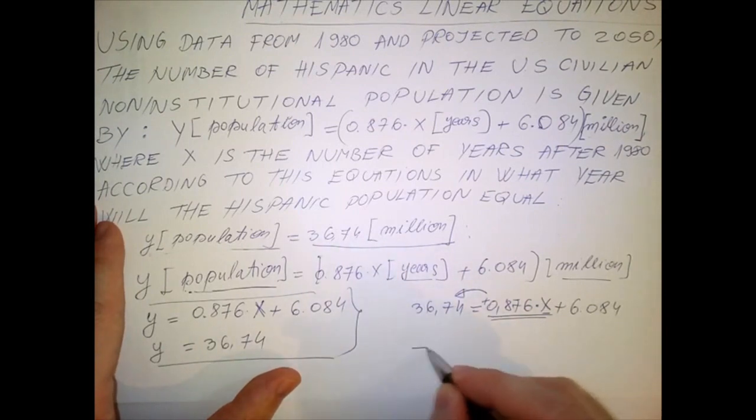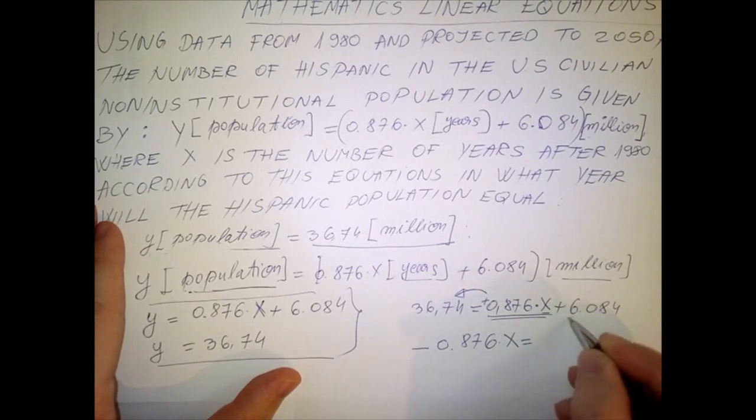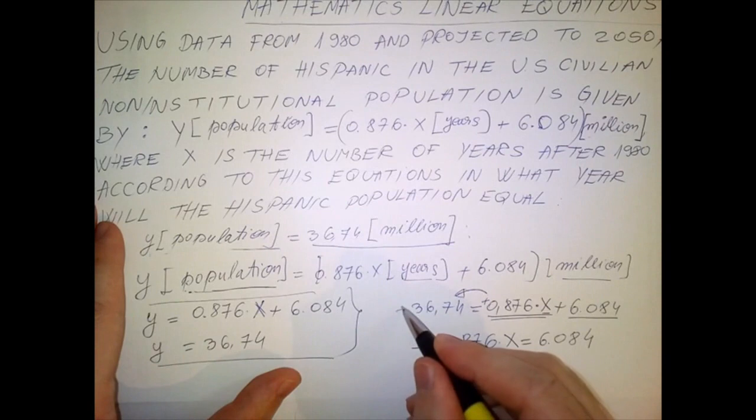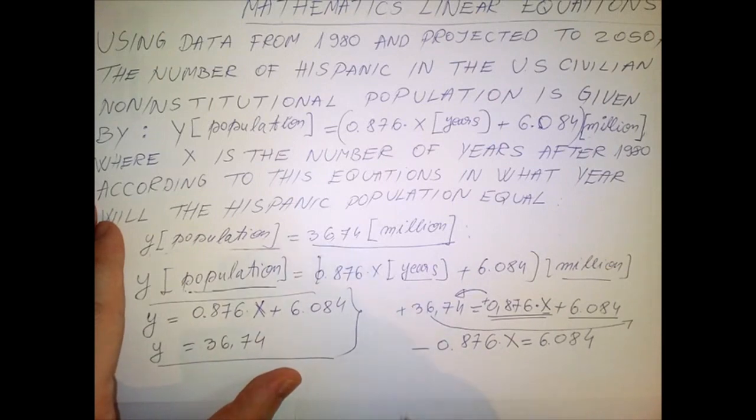It will be minus 0.876x equals, and here remains 60.844, and this number, when we move it to the right side, changes its sign. We will have minus 36.74.